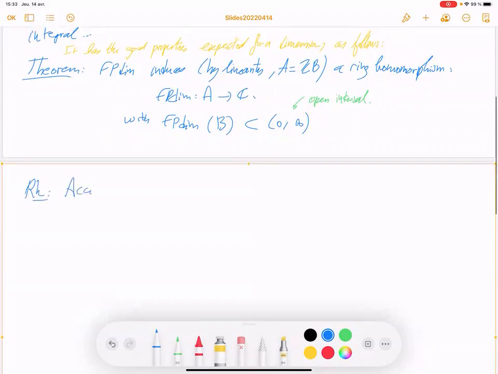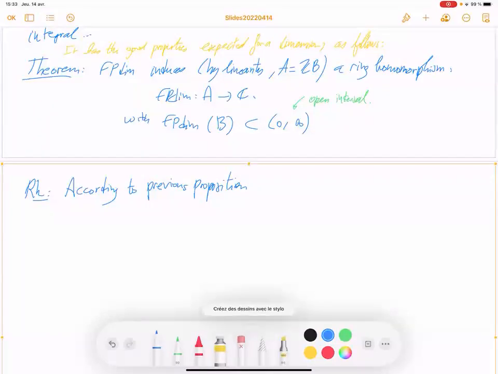So according to the previous proposition, the fact that the Grothendieck ring of a ring category with left dual is a transitive unital Z plus ring.